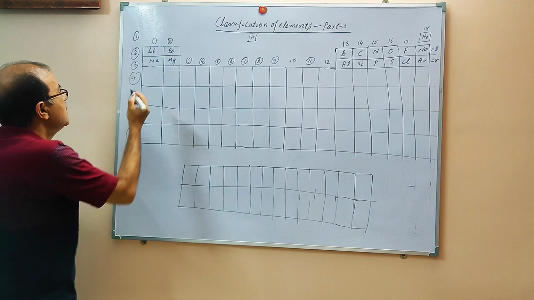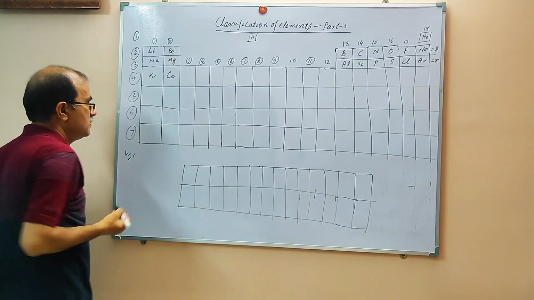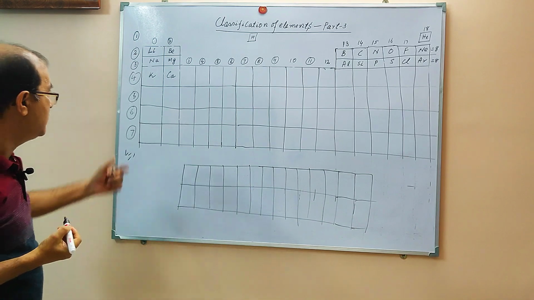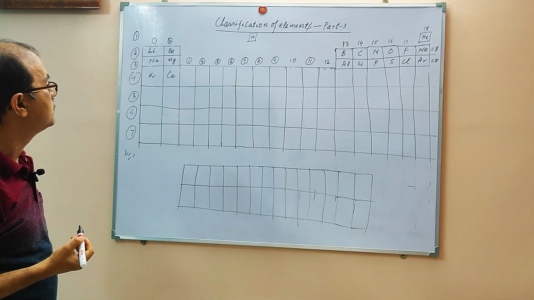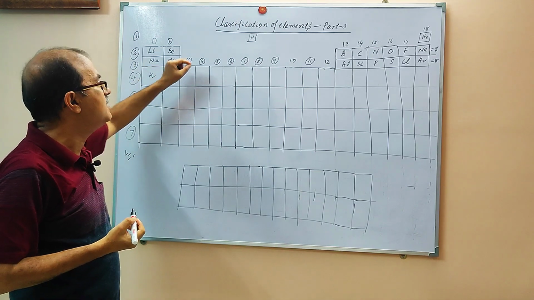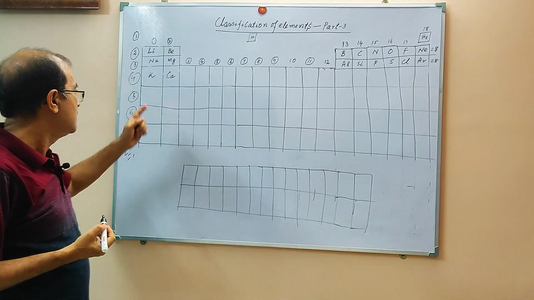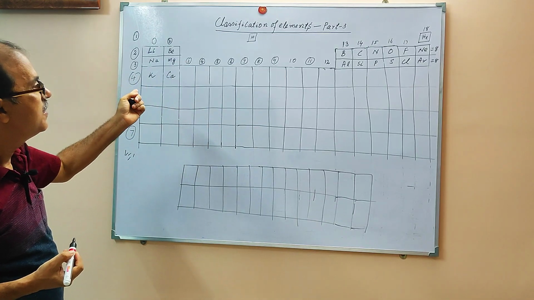In the fourth period, the first element is potassium, then calcium. See here, another set of elements has started in this fourth period, the transition metal elements. Because the 3d orbital is not filled yet, energetically the 4s orbital will be filled first.